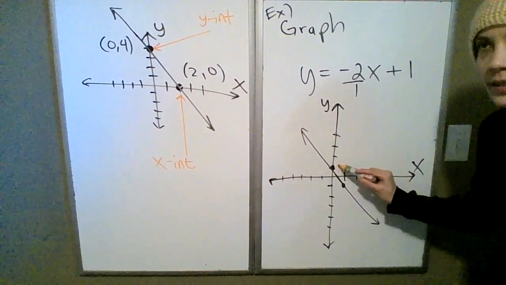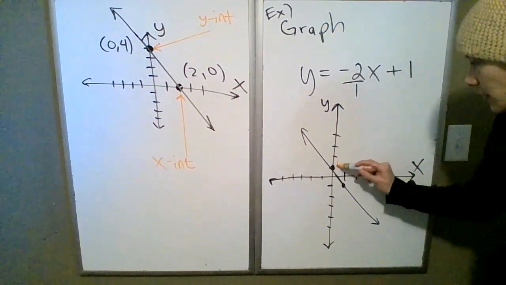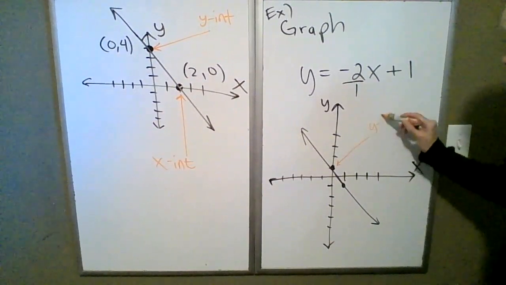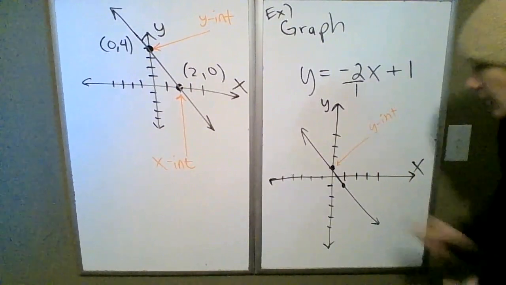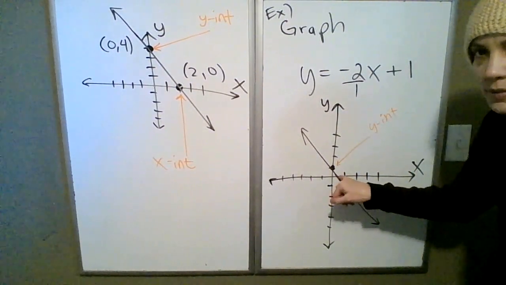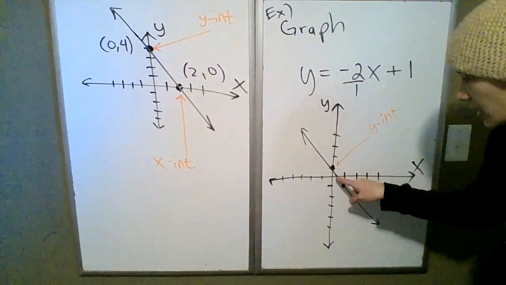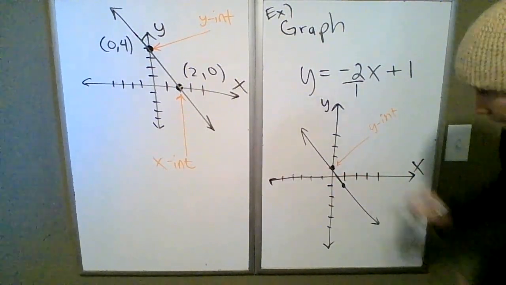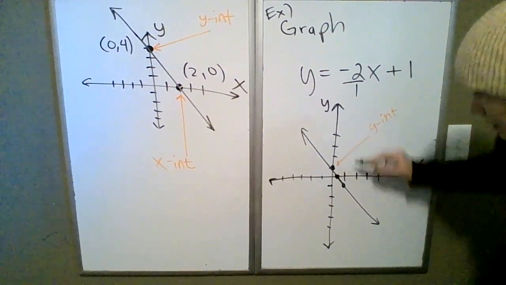Right here, you've crossed the y-axis. That's your y-intercept. Right there, we're going to do the math to figure out what number that is. Right there, the line touches the x-axis, and that is your x-intercept.